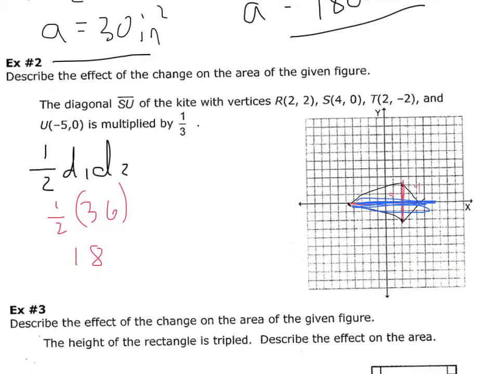So instead of 1/2 D1 times D2, you would have 1/2, and your D1 is now, instead of 9, 3, and your D2 is still 4. Okay, so 4 times 3 is 12, and 1/2 of 12 is 6. And you'll see, since you reduce that diagonal by a factor of 3, your area was reduced by a factor of 3 from 18 to 6.